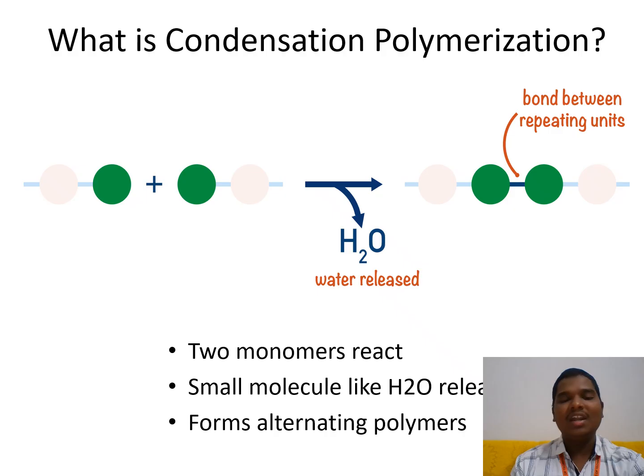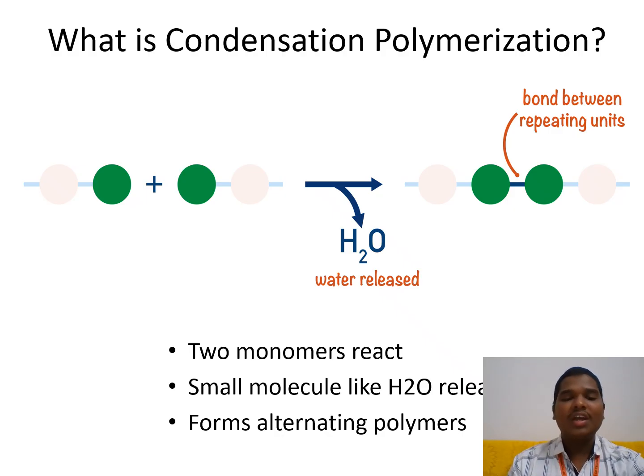The monomers contain functional groups like COOH, NH2, or OH. In this reaction, mostly long-chain polymers are formed, used for making fibers and engineering plastics. Therefore, the process is also known as step growth polymerization.